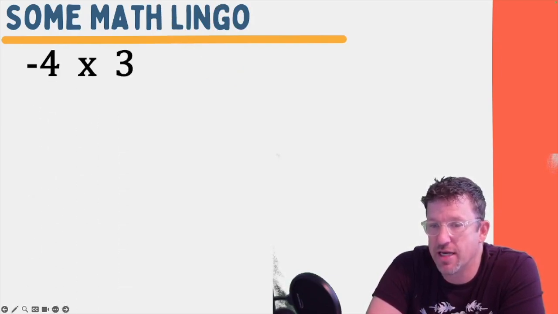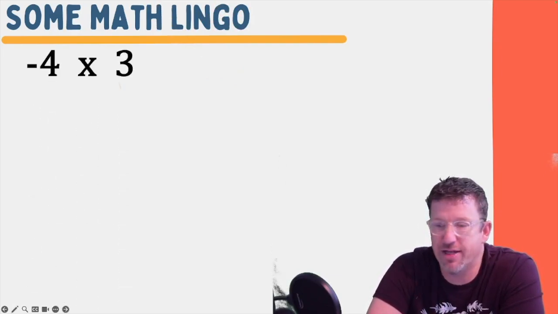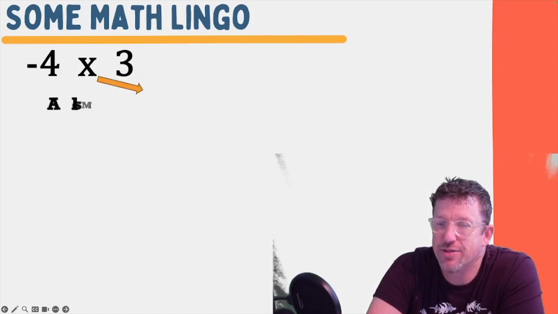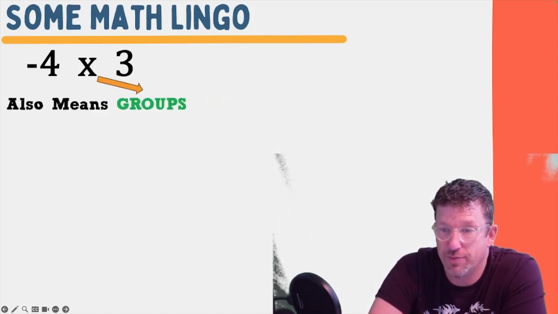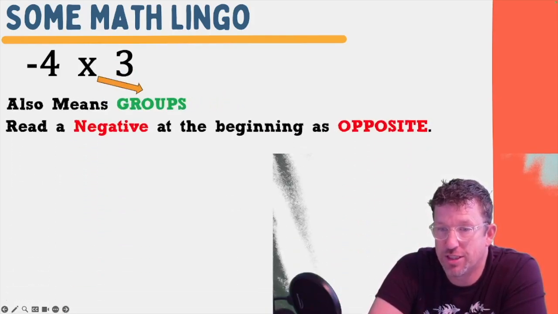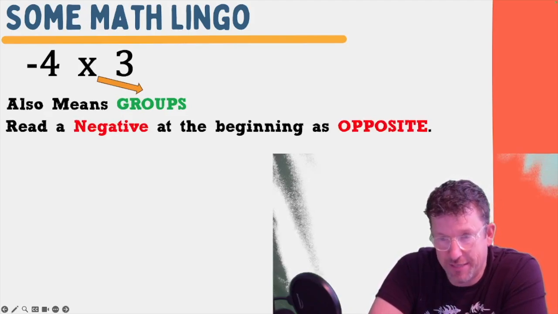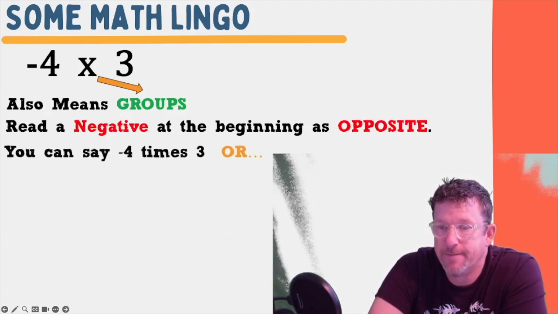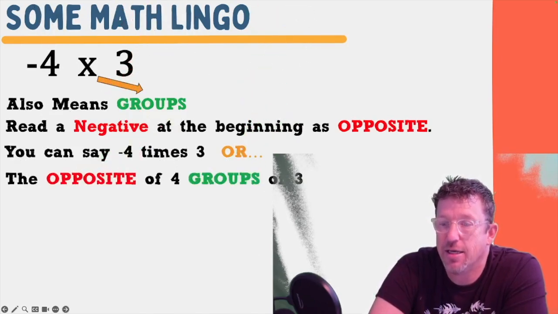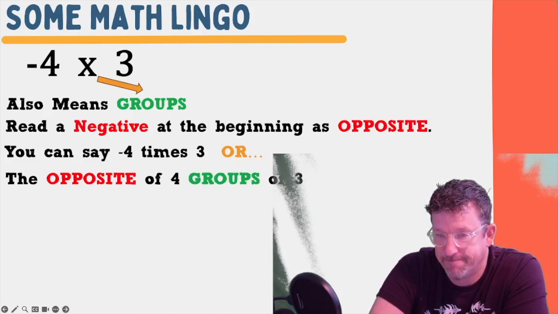Oh, more math lingo. Wait a second. There's a negative at the beginning. Okay, so this also means groups of 3. So you could say, read a negative at the beginning as an opposite. So instead of saying negative 4 times 3, you can say the opposite of 4 groups of 3. What does that mean?